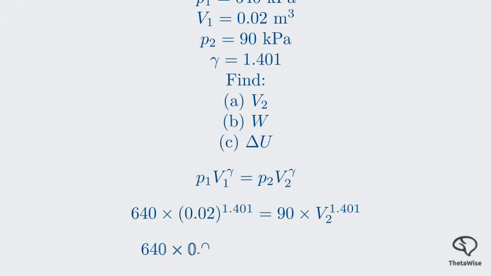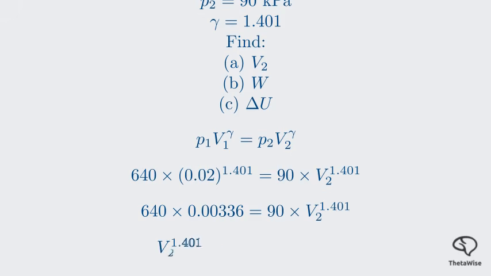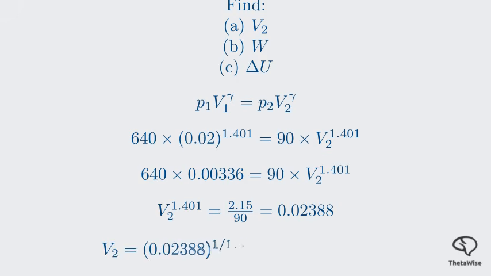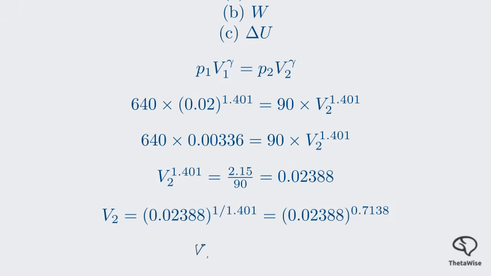Solving for V2, we raise 0.02 to the 1.401, which is about 0.0336. Then we get V2 to the 1.401 equals 0.0238. To find V2, we take the 1 over gamma power of both sides. This gives us a final volume, V2, of approximately 0.076 cubic meters. The textbook's answer of 0.208 is a reasonable approximation.